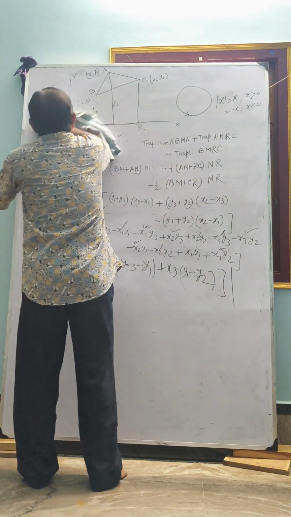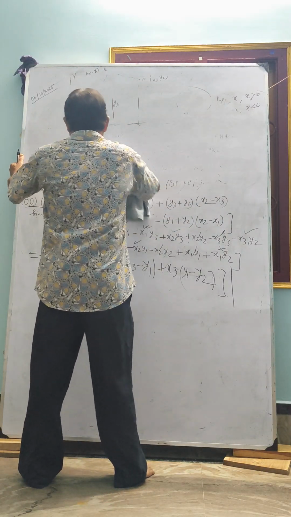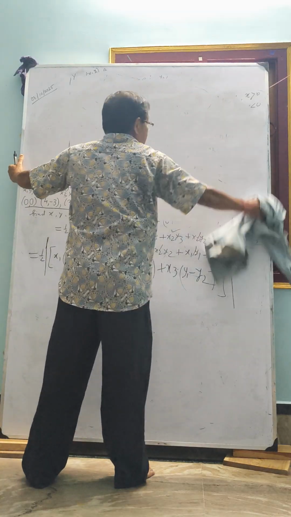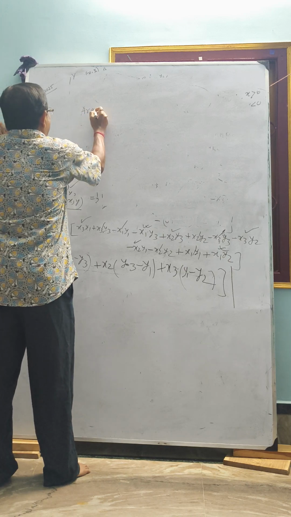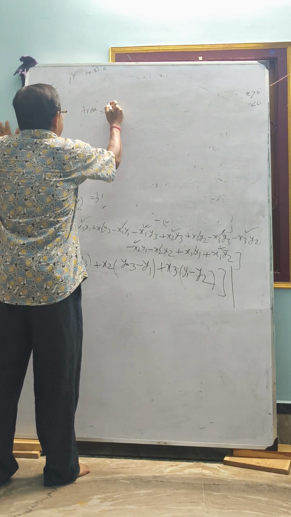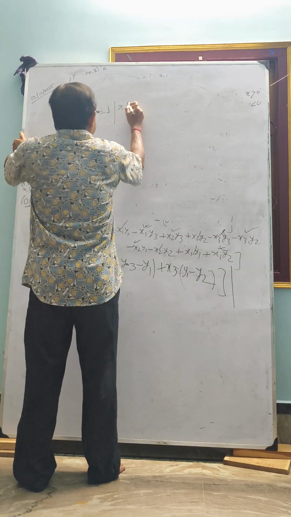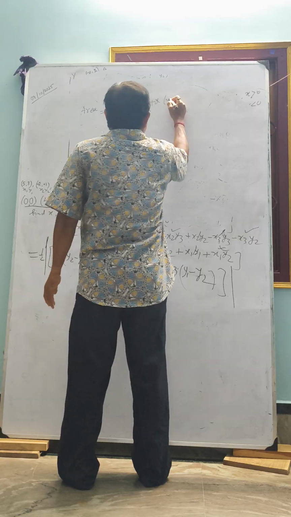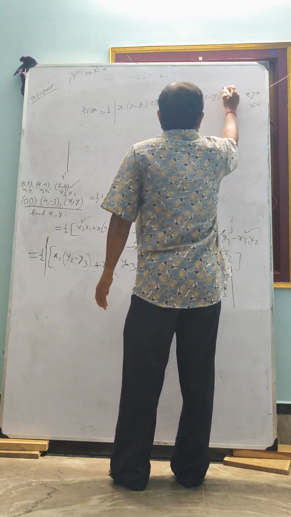Now, the area is equal to half mod of x1 into y2 minus y3, plus x2 into y3 minus y1, plus x3 into y1 minus y2.